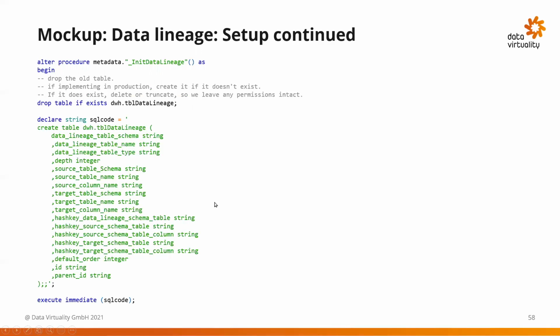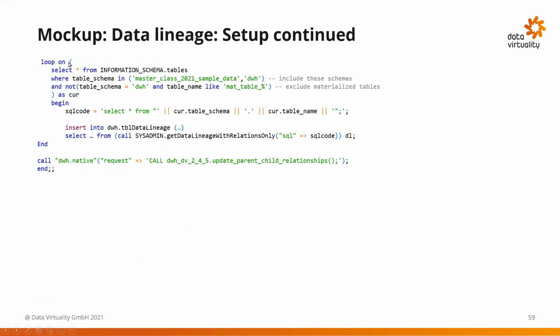They're included in the talk and GitHub repository, but essentially it's going to drop the table if it already exists, recreate it, and then loop on the tables we want to look at. So we're going to look at the schemas Masterclass, sample data, and DWH, and we want to ignore all of the materialized tables.